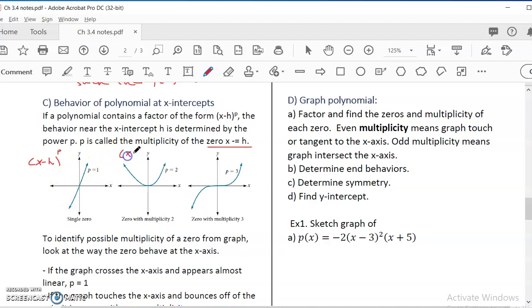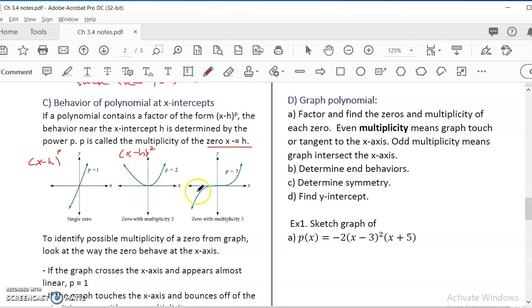If I have x minus h squared in my function, I will see a zero that's touching the axis and not passing it. The reason is if you have x a little greater than h or a little smaller than h, then they basically have the same sign. So they bounce off. They have 0 exactly at h, but then they are always positive or always negative.